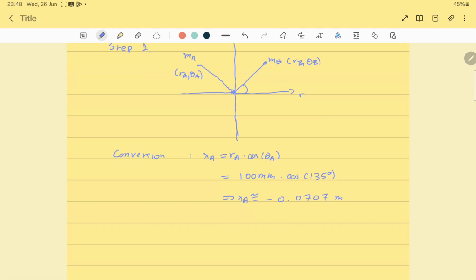I have converted to SI units. So the XA coordinate is minus 0.0707.